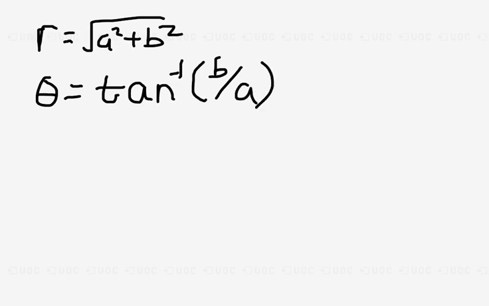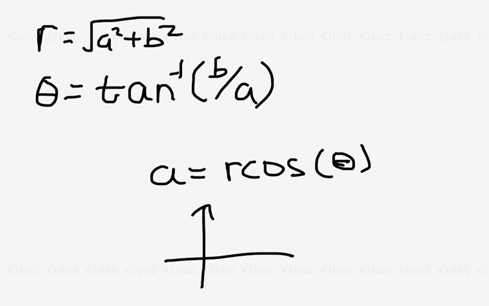Now when you're converting rectangular coordinates, a+bi, to polar coordinates, you would say a is equal to r cosine theta. Why is this true? Let's look at an Argand diagram. This is theta, this opposite side is b, and the adjacent side is a.